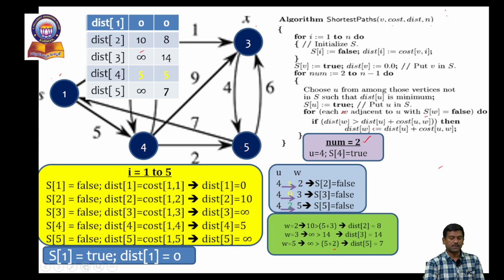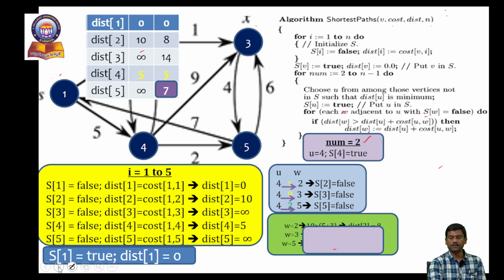And this process has to be done for the number of vertices that are present. In the next iteration, the num value will be equal to 3. After the iteration for 2 is completed, num will be equal to 3, and the process continues.